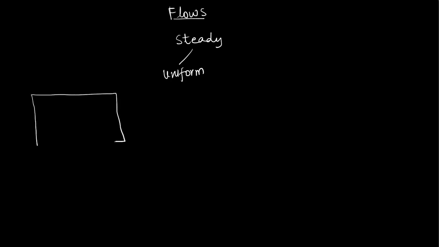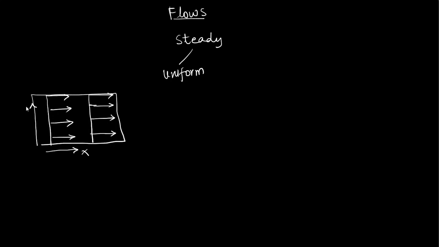Suppose I draw this particular domain, and suppose the velocity is something like this. I'm showing the velocity with the help of these vectors, and these velocity vectors do not change in time. So in this case, the flow is uniform in the x direction, the flow is uniform in the y direction, and the flow is steady.